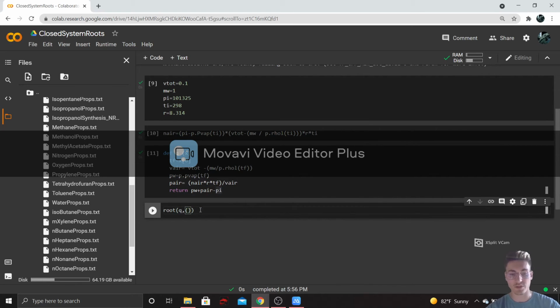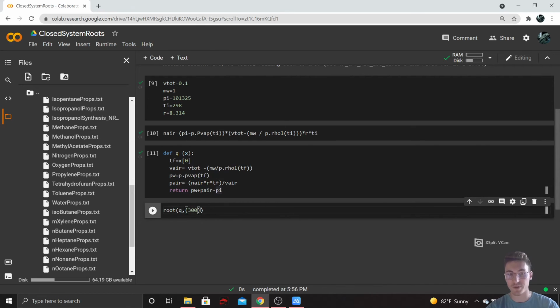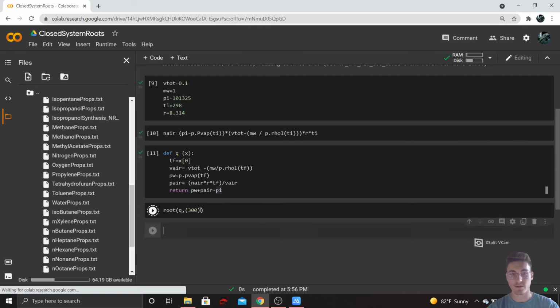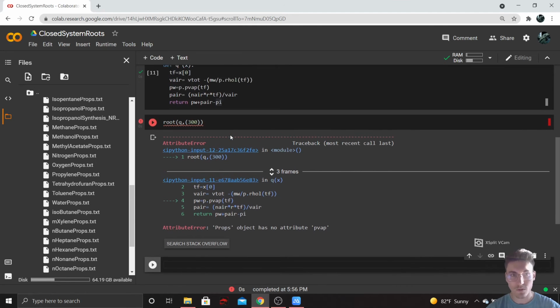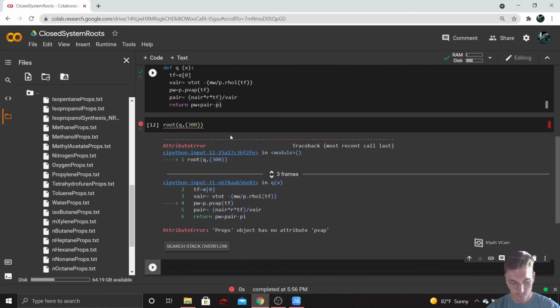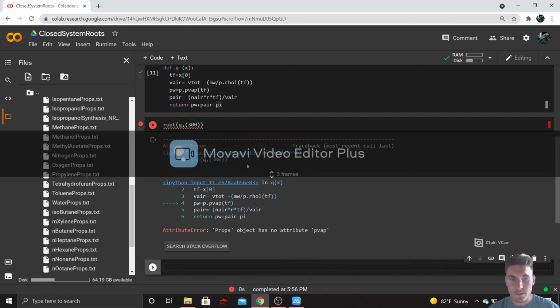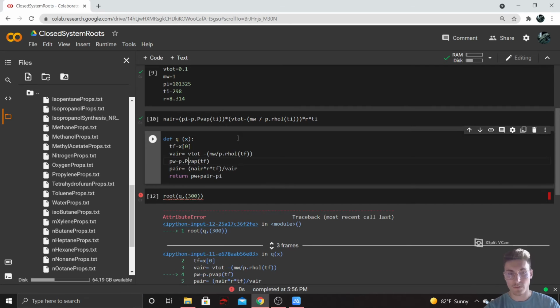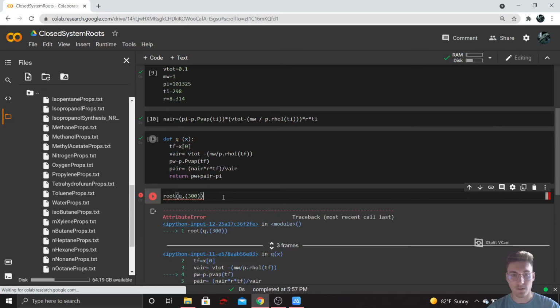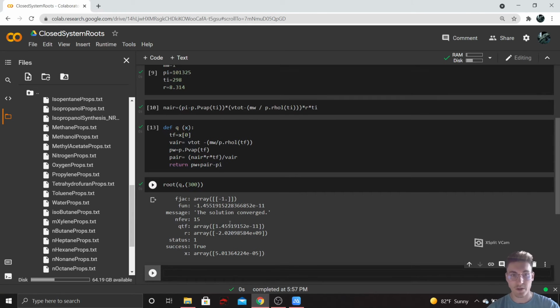We can put in somewhere close to the initial temperature, so like 300 Kelvin. So then if we do that and press shift enter, we get something. This needs to be capitalized, I believe. So if we run that and redo that, there we go.